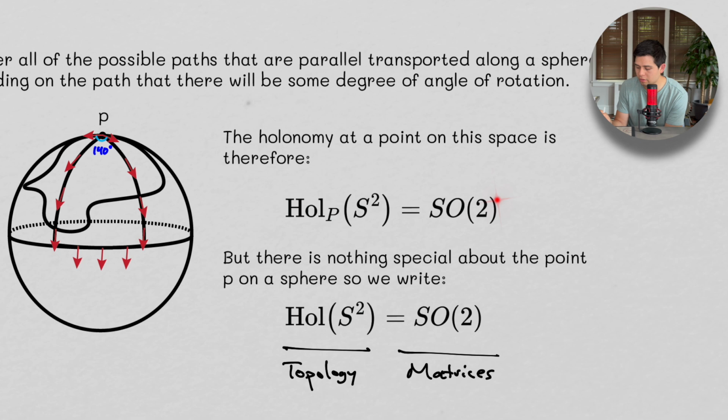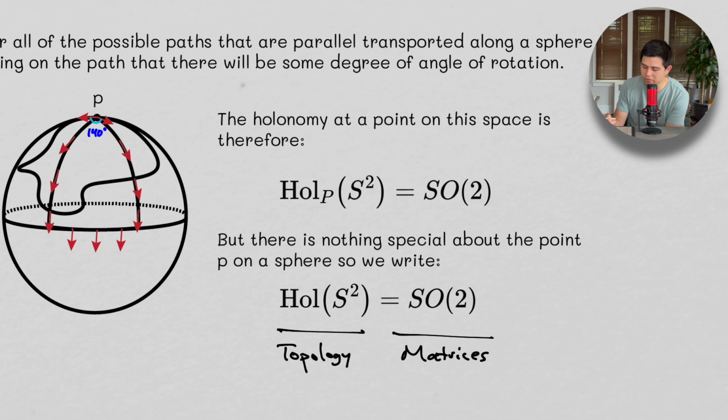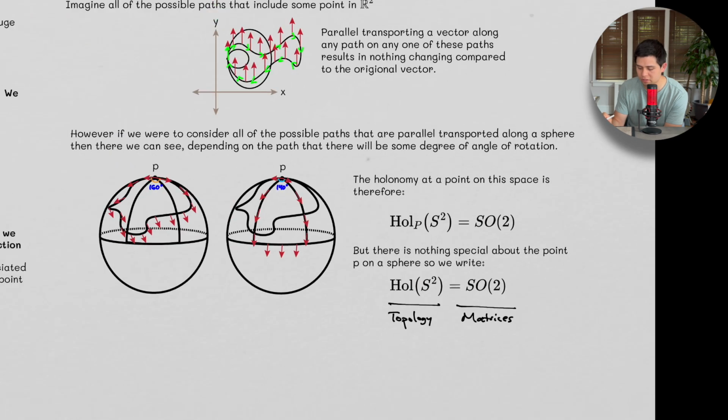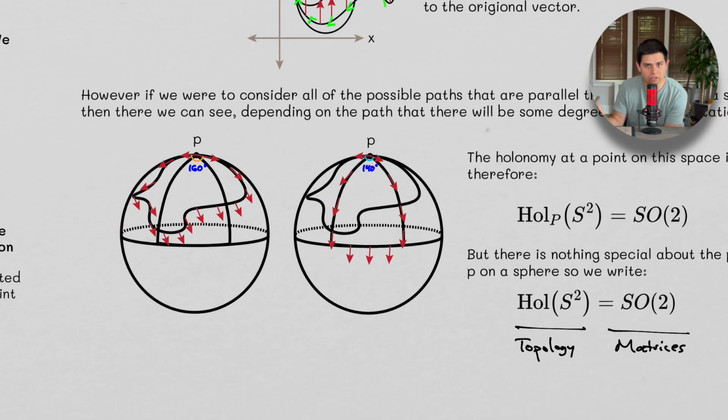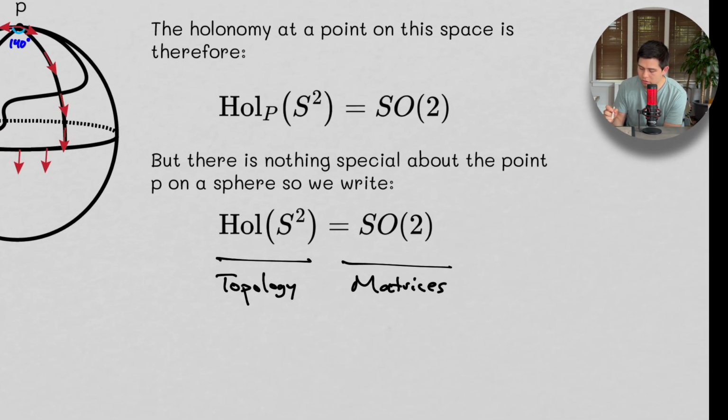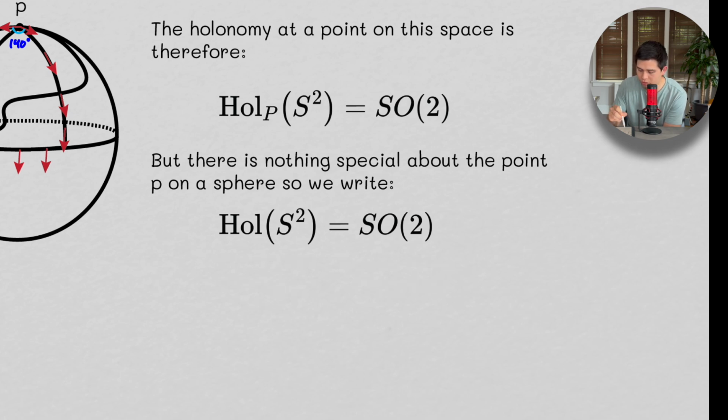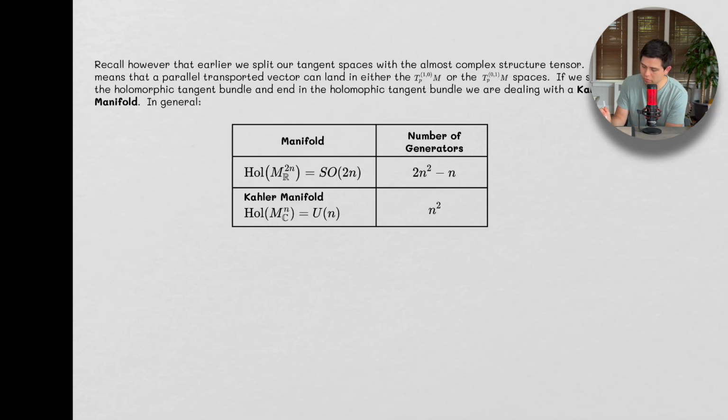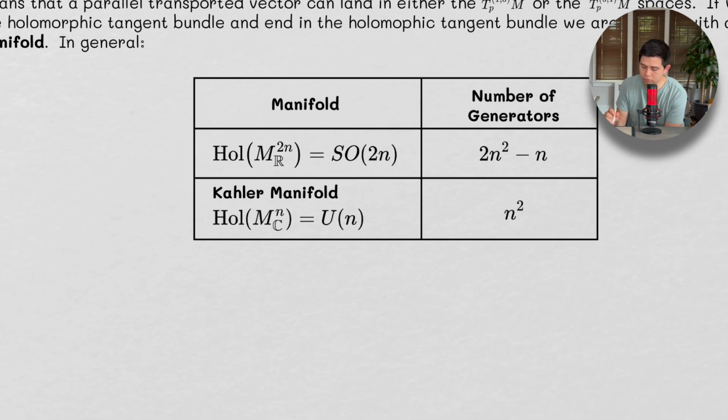We can conceive of a set of matrices that represent this set of transformations, but fundamentally it's the SO2 group. But there's nothing special about the point P on the sphere because the sphere is symmetric all over the place, and so the holonomy of S2 is SO2.